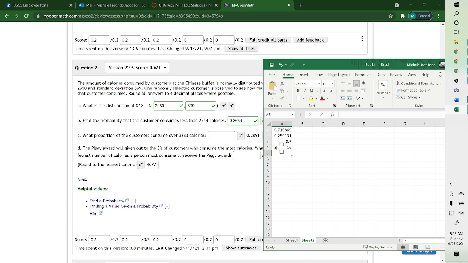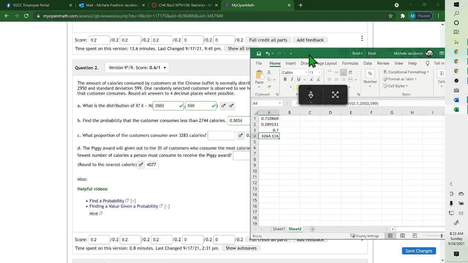Did I click something wrong? Oh, 3%. I put 30% instead of 3%. It should have been 1 minus 0.03.